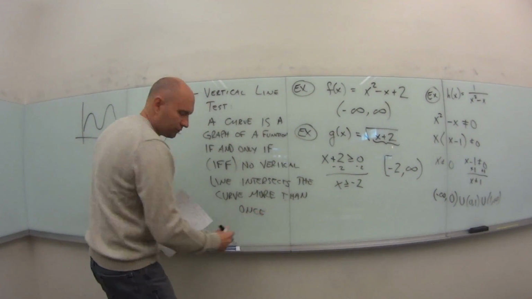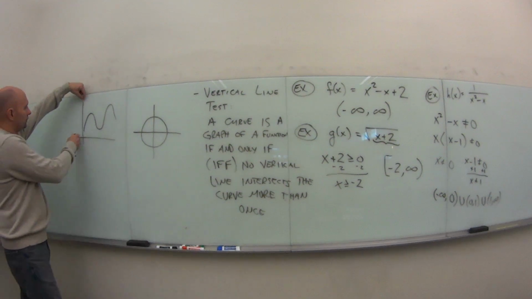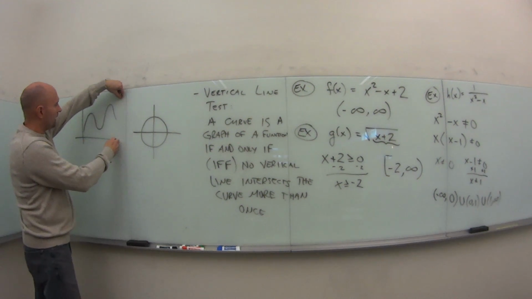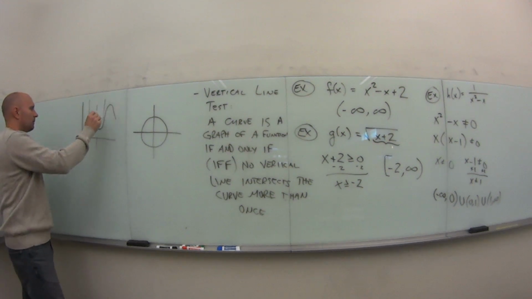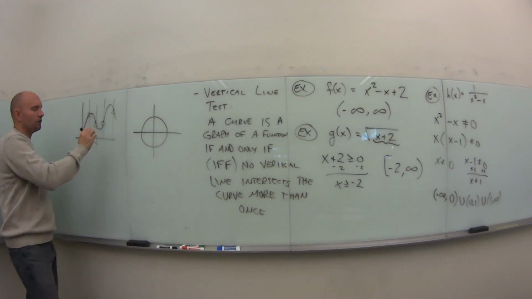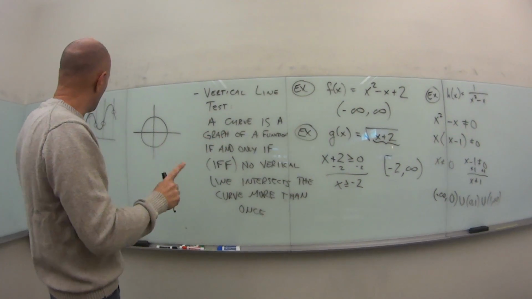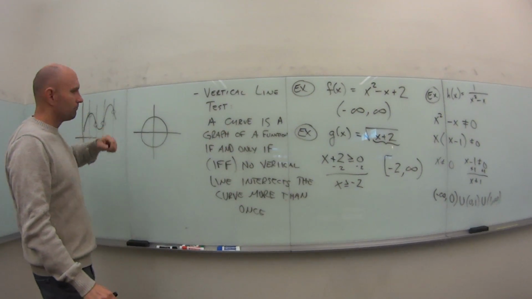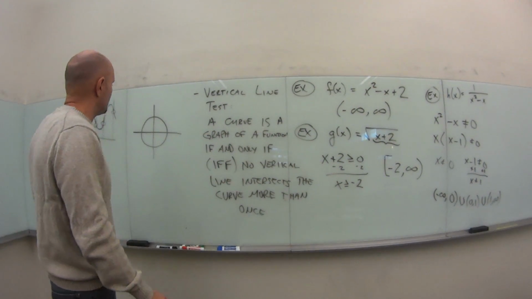So let's go back to these two pictures I drew. If I took a ruler and moved it along left to right, no matter where I put the ruler, what's happening? Once, it hits once, it hits once, it hits once. No matter where I put it along that curve, it's only hitting that curve at one point. So this squiggly line I drew would be the graph of a function.